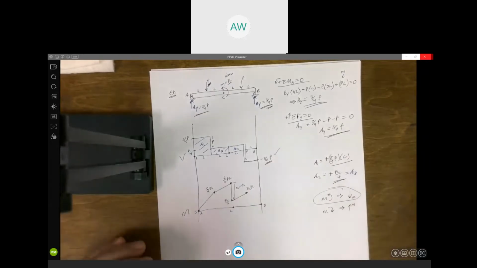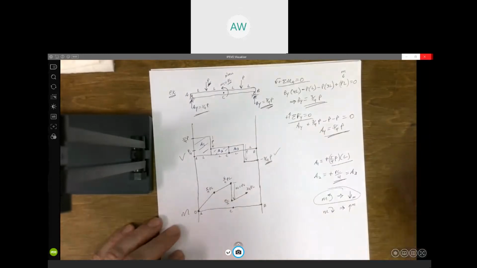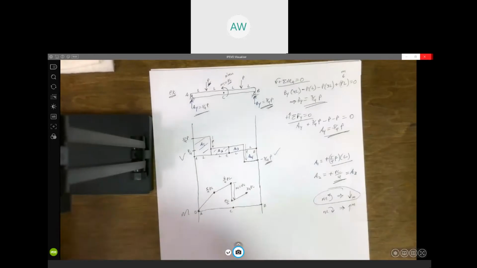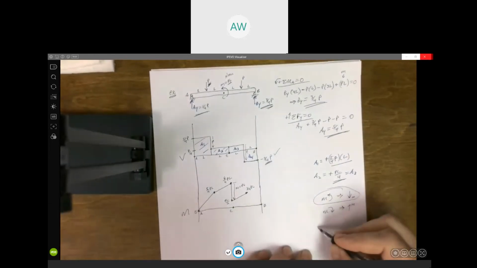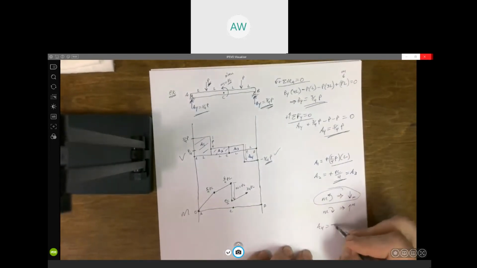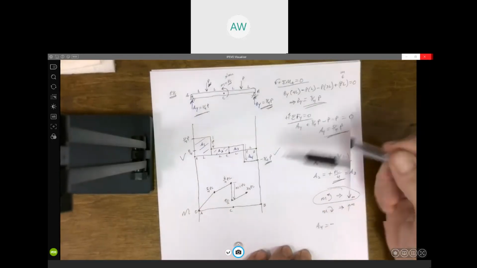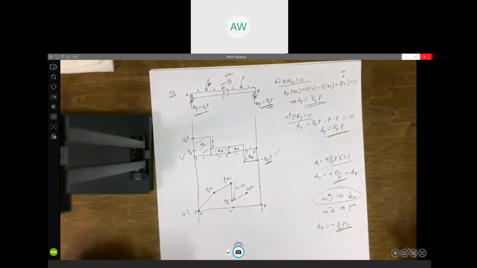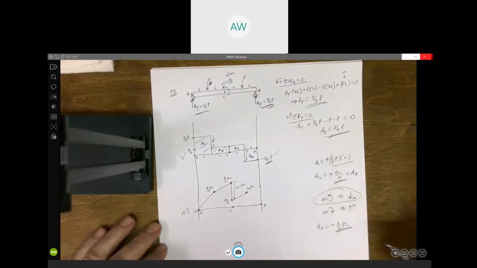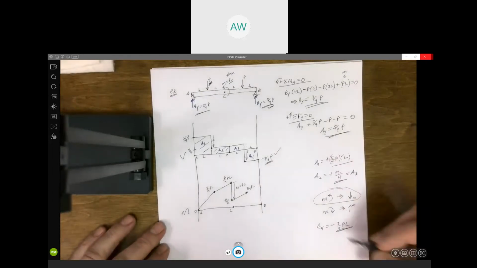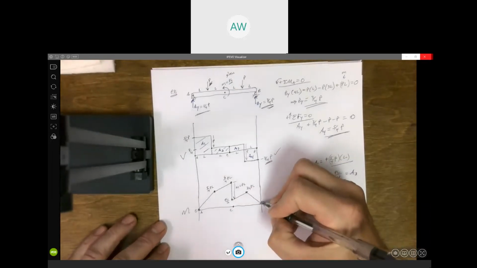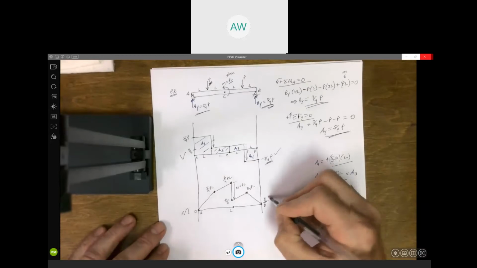And then we know it's going to go back to 0, but always check yourself, because here's where you'll find out if you've messed up somewhere. A4 is going to be negative. It's below the axis. And it's going to be 3/4 PL, which is great for us because if I'm at 3/4 PL and I go down 3/4 PL, that puts me back to 0.